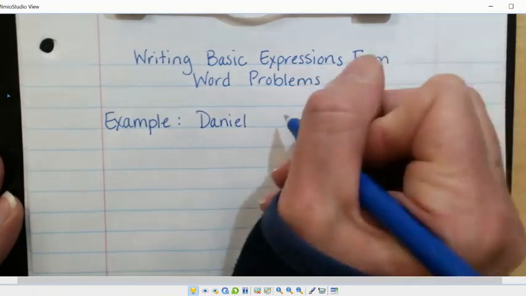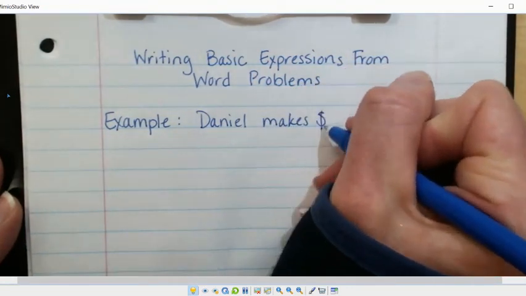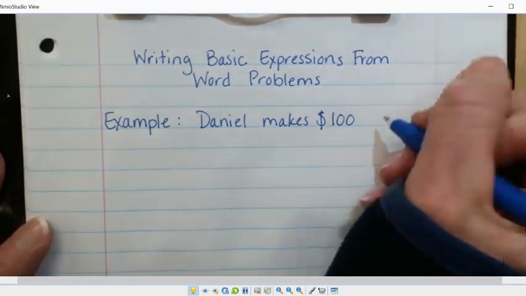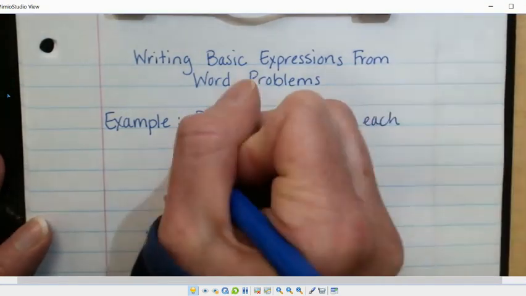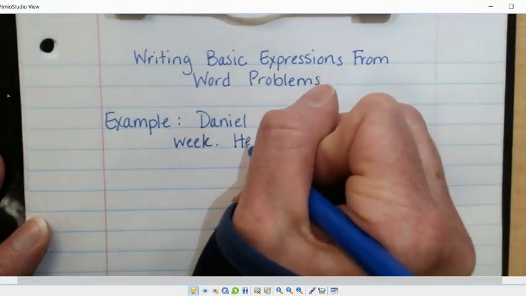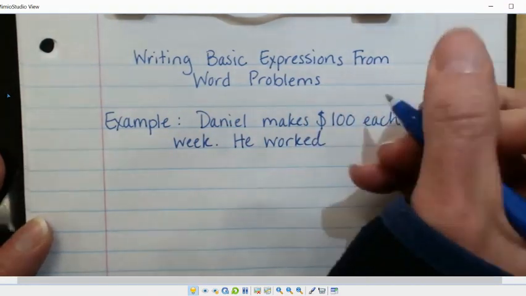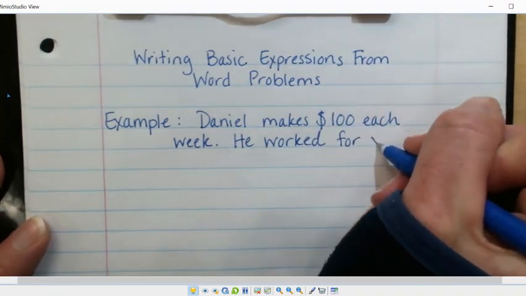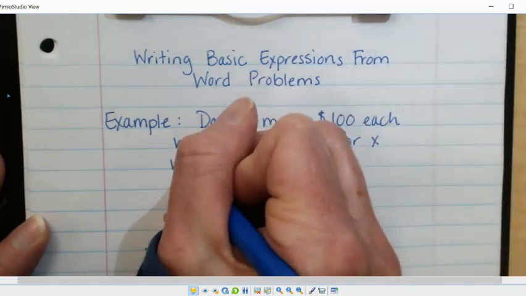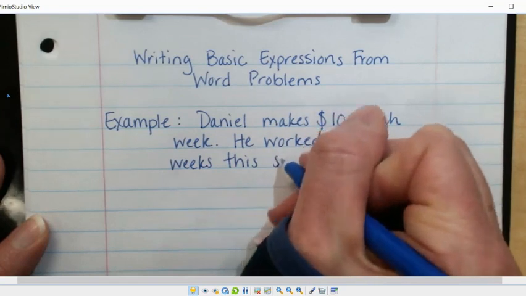So the first one is Daniel makes $100 each week. He worked for X weeks this summer.